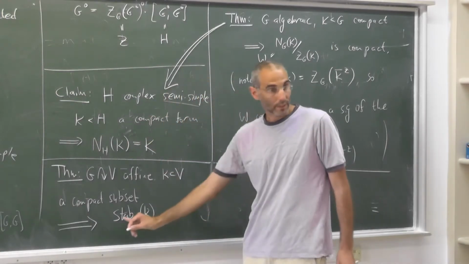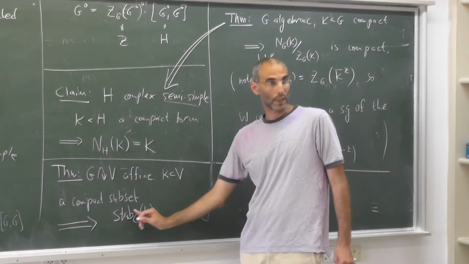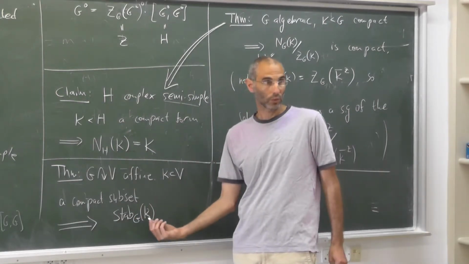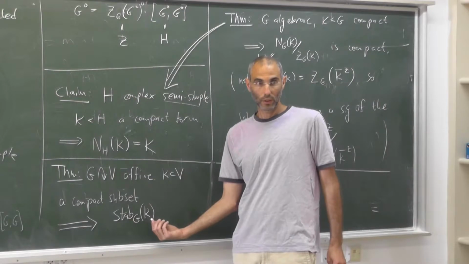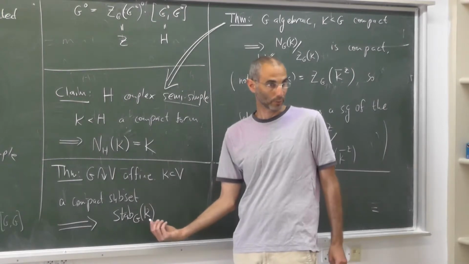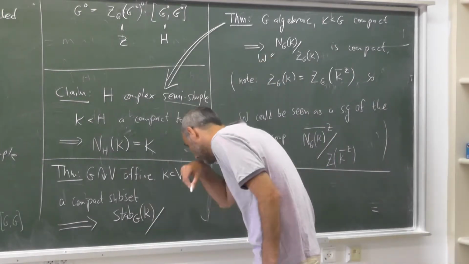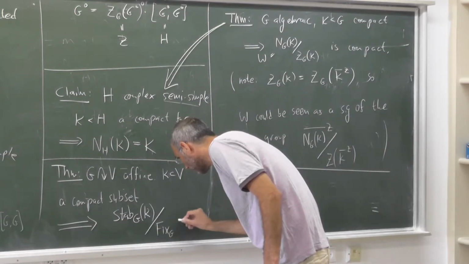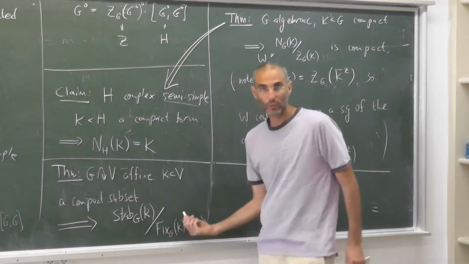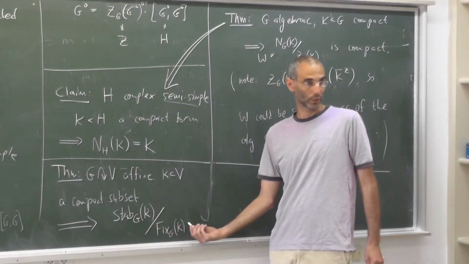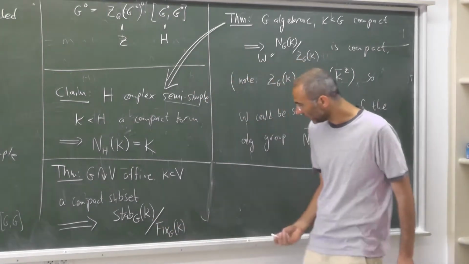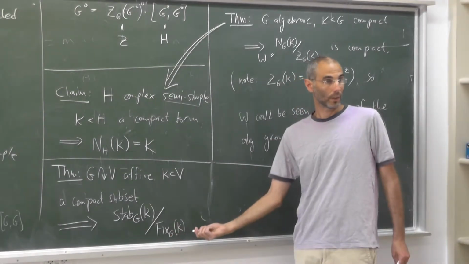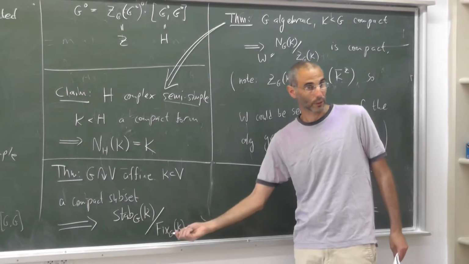This is the subgroup of G that stabilizes K as a subset. Usually, it's a closed subgroup in the Hausdorff topology, but usually it is not an algebraic group. And this is the fixator in G of K. Again, this is the intersection of all the elements of G that fix every point in K, each of which is algebraic. So this is an algebraic set.